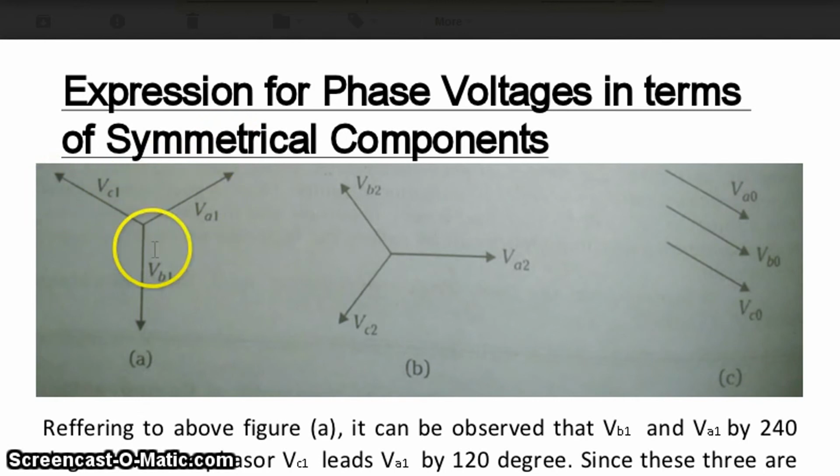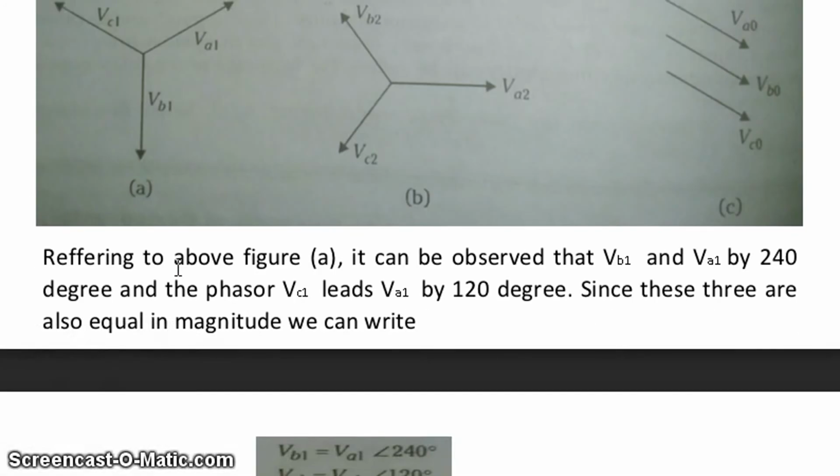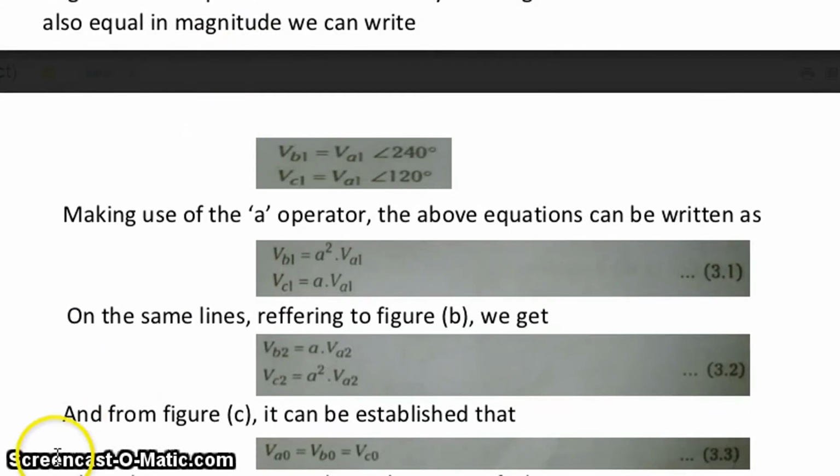So basically we need to represent this in terms of a. It is observed that VB1 and VC1 have phase displacements of 240 and 120 from VA1. So we can write VB1 is equal to VA1 at an angle of 240 degrees and VC1 is equal to VA1 at an angle of 120 degrees, as you have seen in the shorthand notation before.